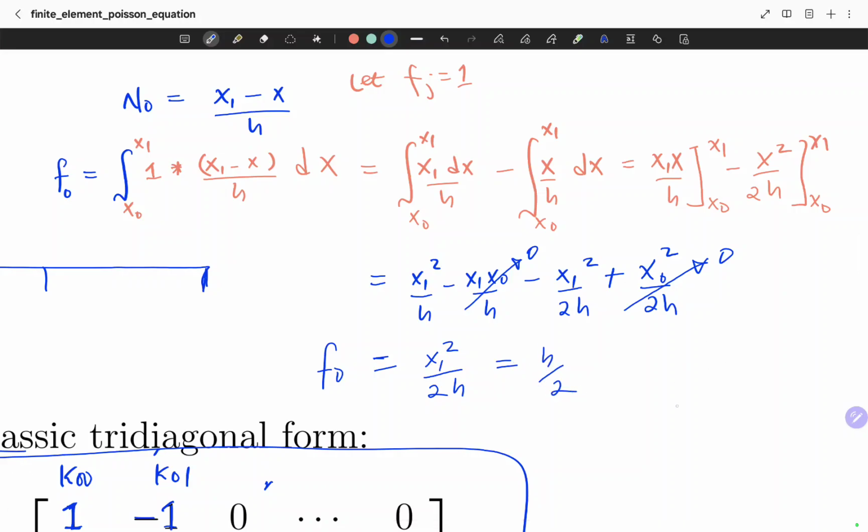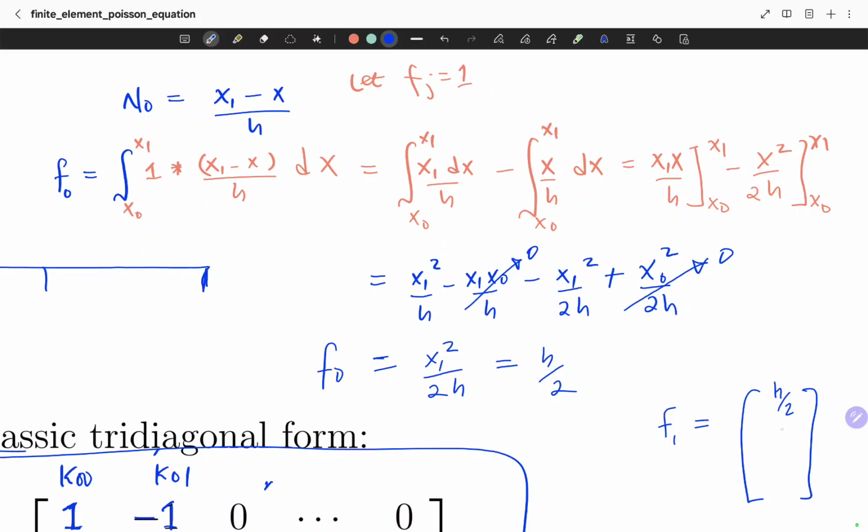The first element of the matrix f is h over 2. And if you continue this way, you're going to have other elements.